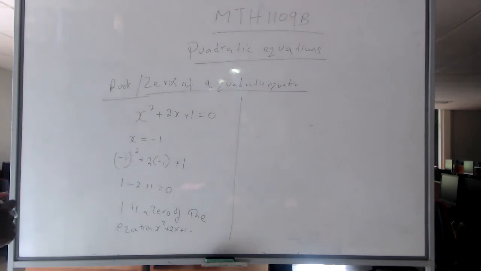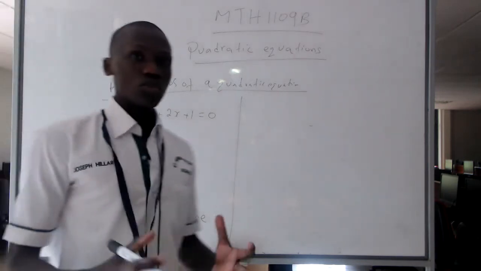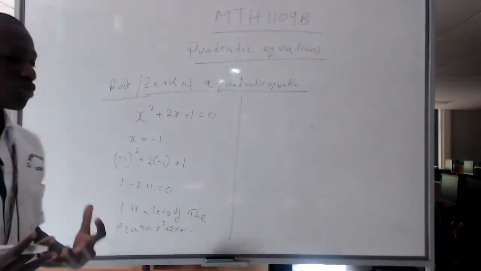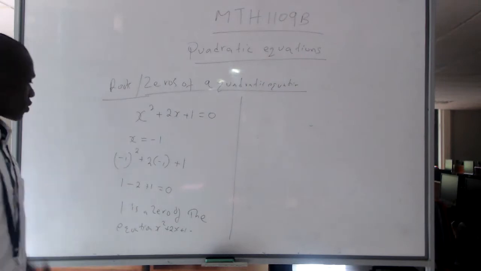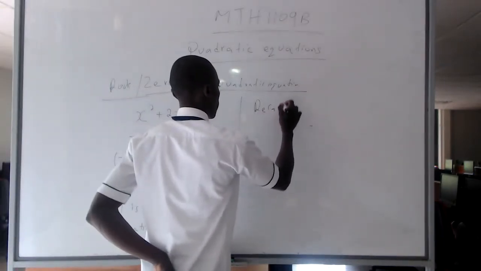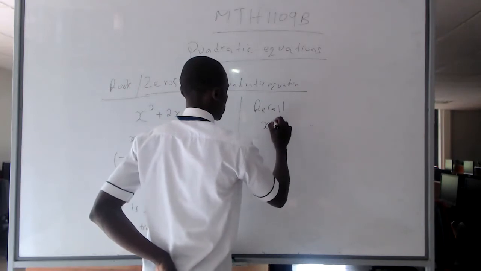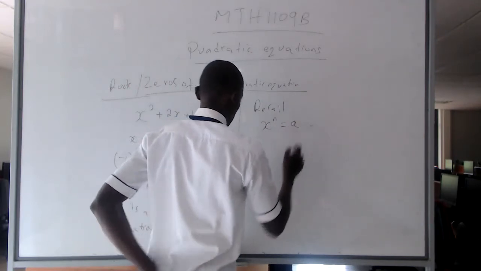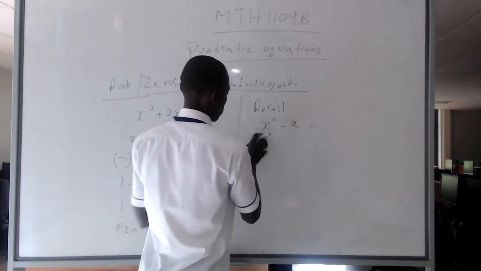So now the big question is, now that we know what zeros or roots of equations are, how do you obtain roots or zeros of an equation? Recall, previously we have studied equations of the form x to the n is equal to a.